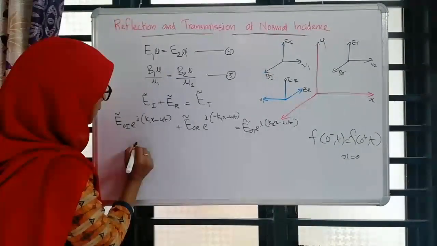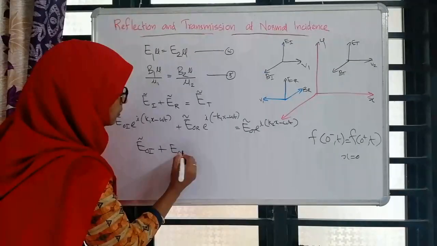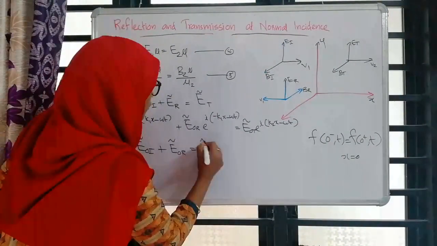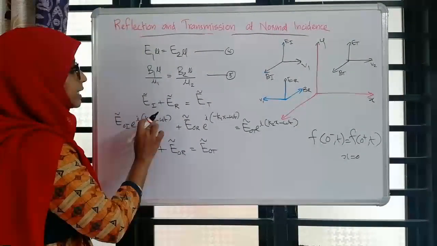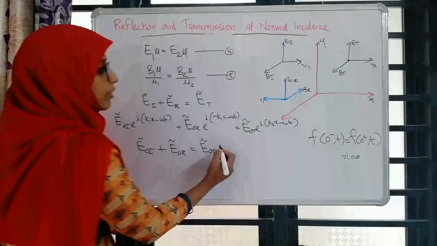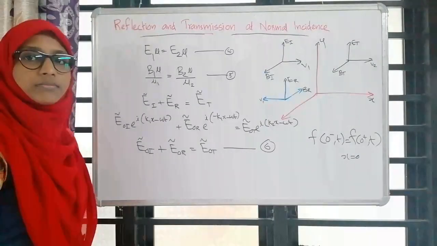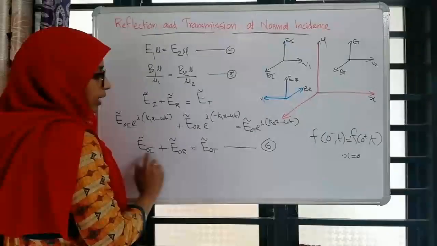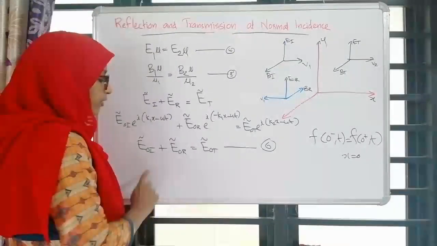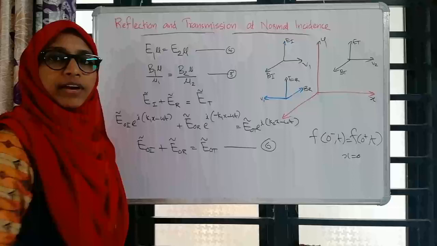The equation will be E_0I plus E_0R is equal to E_0t, where e raised to i into minus omega t is a common term on the LHS and RHS, and this will vanish, and we give it as equation number 6. In this, E_0I, E_0R and E_0t represent the complex amplitudes of the electric field in the incident, reflected and transmitted waves.